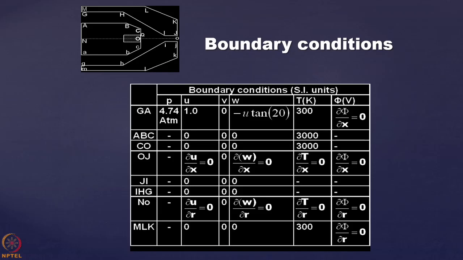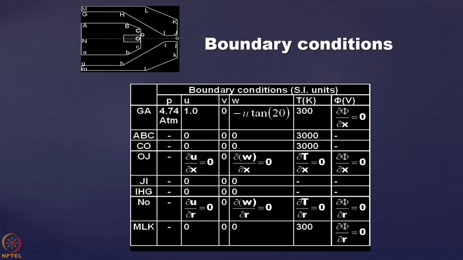Now you see here ABC, this is the cathode surface, and what cathode are we using? Usually tungsten, and typically we heat it to a temperature of, say, 3000 degrees Kelvin, so that it can serve as a good electron emitter, a thermionic emitter.